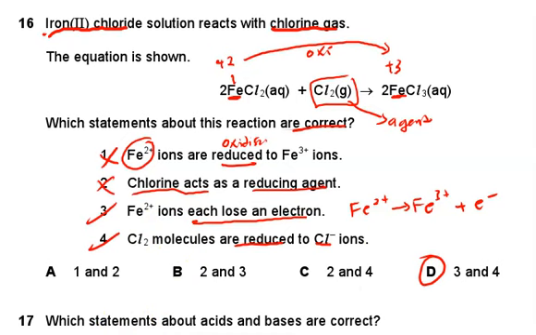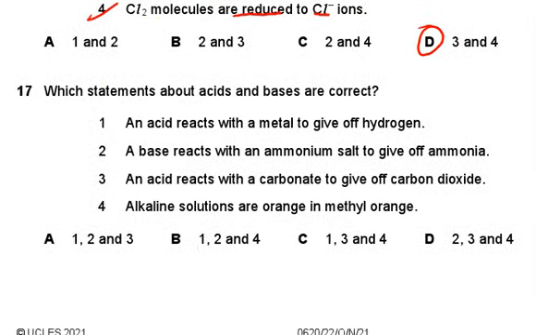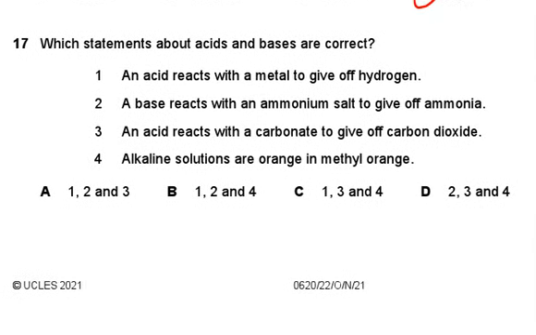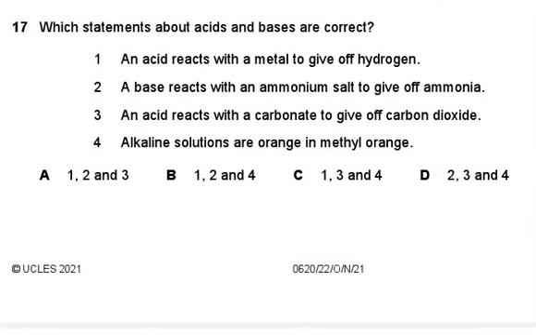Now we go to number 17. Which statements about acid and base are correct? So here, an acid reacts with a metal to give off hydrogen. Yes, that's correct. Let me give you the equation for number 1.